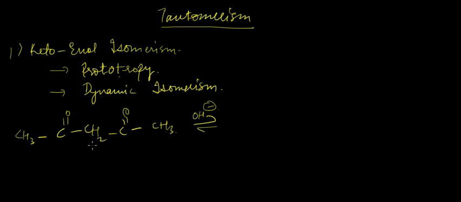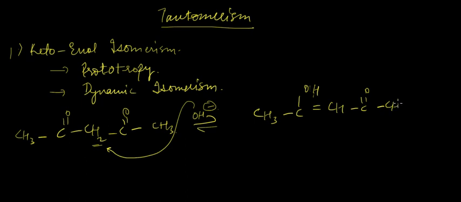This hydrogen is an acidic hydrogen, so this OH minus will take this hydrogen and create a structure something like this. I'm not showing the complete reaction mechanism, I'm just showing the product itself. So this will be the product. This is the keto form and this is the enol form.